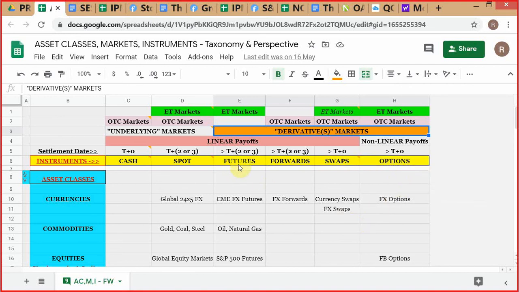You are under futures because this is PGDM, and your buddy is under options. But both of you fall under the same category of VIP students, just as both fall under derivative markets. So does that answer your question, Vipul?